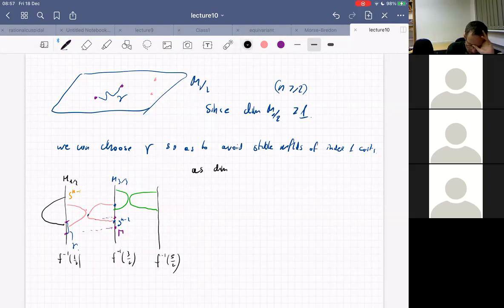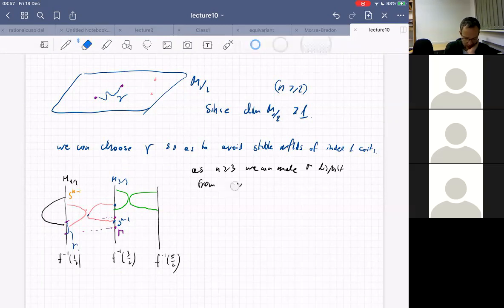As n is greater than 3, by the same argument as above, we can make gamma disjoint from stable manifolds of index 2 critical points.